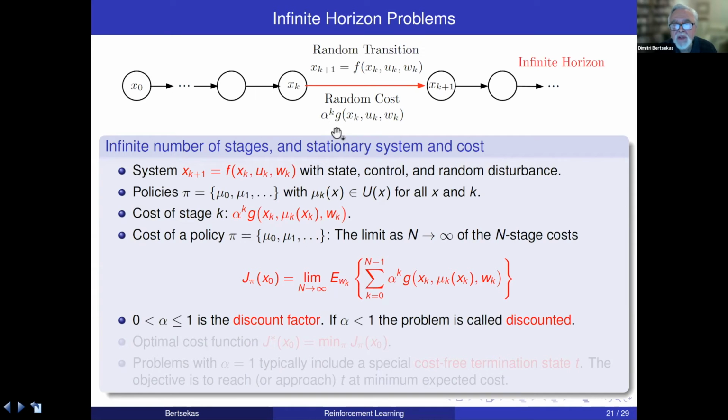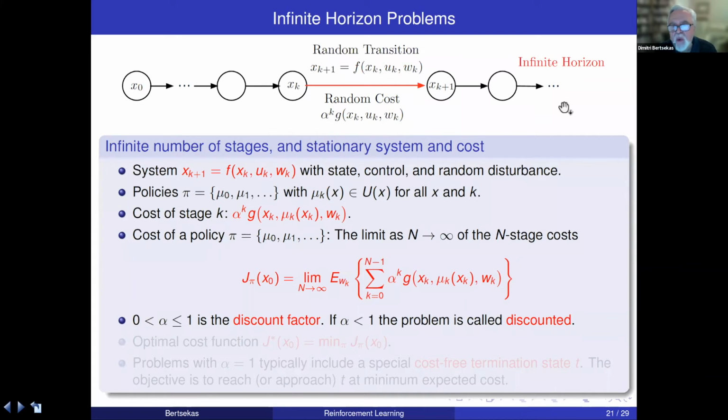The same cost is counted less in the overall cost function as time goes forward. In other words, we're not worried about high costs in the future. The costs in the future are discounted by this factor.